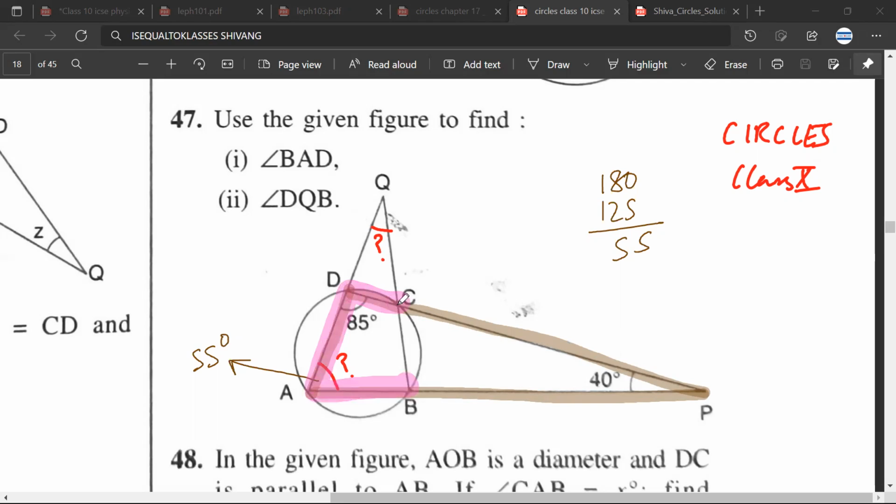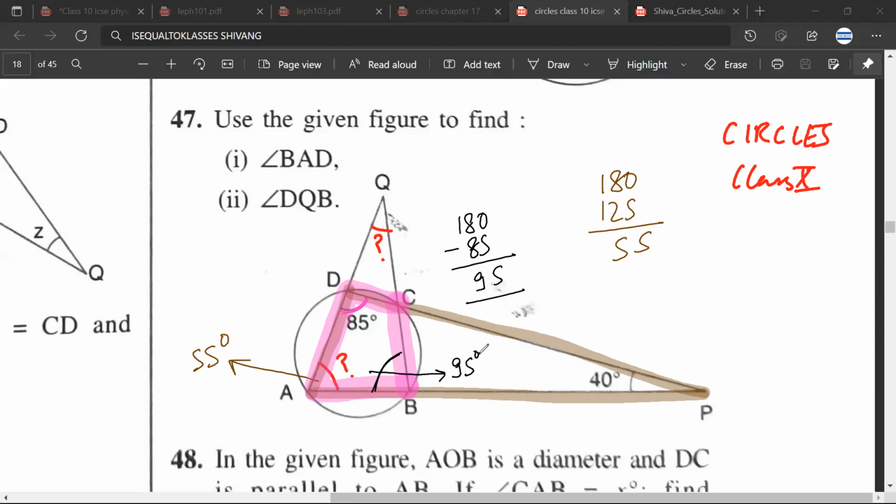Am I correct? Yes. Because this is a cyclic quadrilateral and this is 85 degree, this angle would be 180 minus 85. So this would be 95 degree. Yes. So this angle is 95 degree.